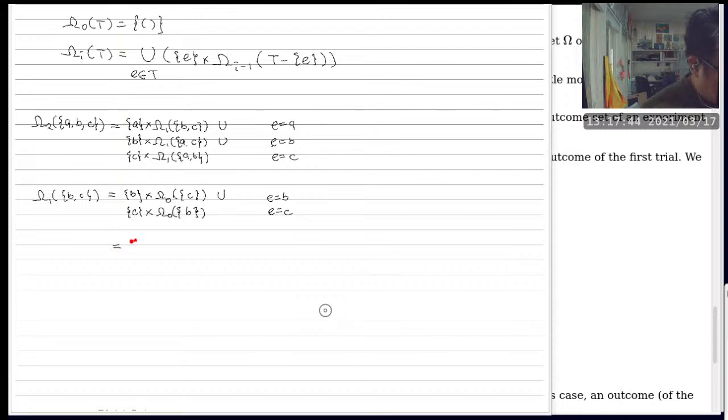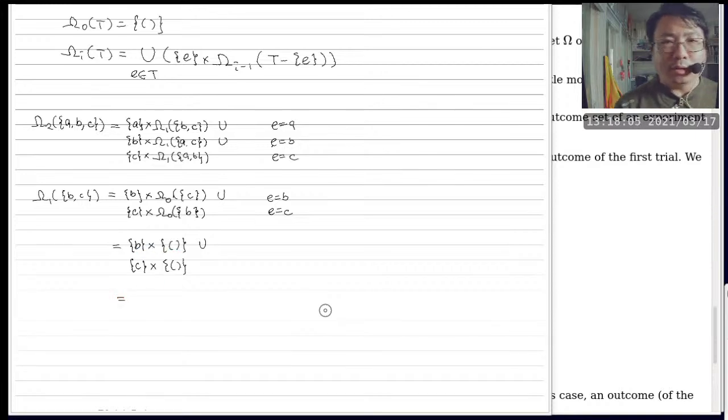So this now becomes B Cartesian product with the set of just the empty tuple, unioned with the set of C Cartesian product with the empty tuple again. So now the question is, what is B Cartesian product with the empty tuple?